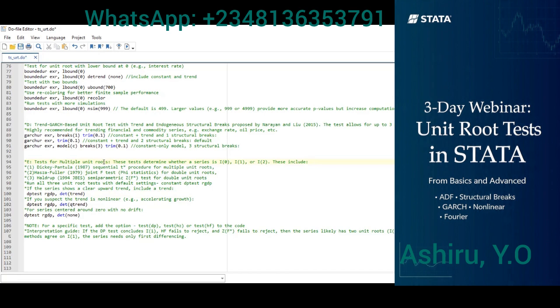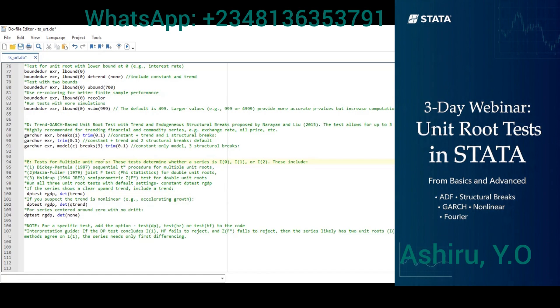But there has been an argument that the way these tests work cannot help us detect the actual behavior of the series. The test, whatever test we are going to use, should be able to detect whether it is stationary at level, first difference, or second difference, without even differencing any variable, because the test should be able to difference it automatically.